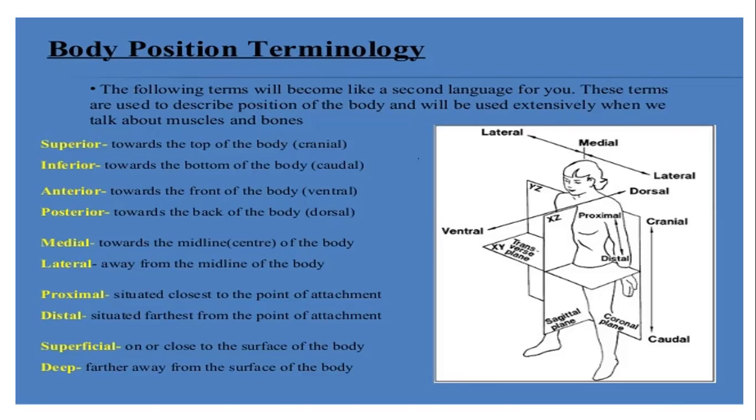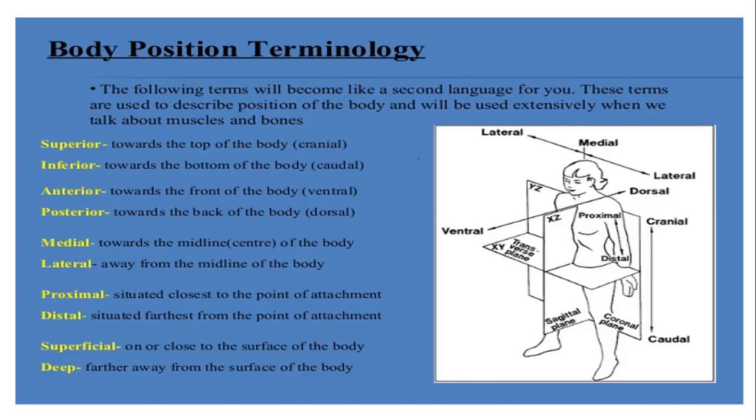So superior and inferior, towards the top of the body, towards the bottom of the body. Anterior and posterior. We spoke about the front and the back. Well, anterior means towards the front of the body. Another word that you will always hear for the front is ventral.